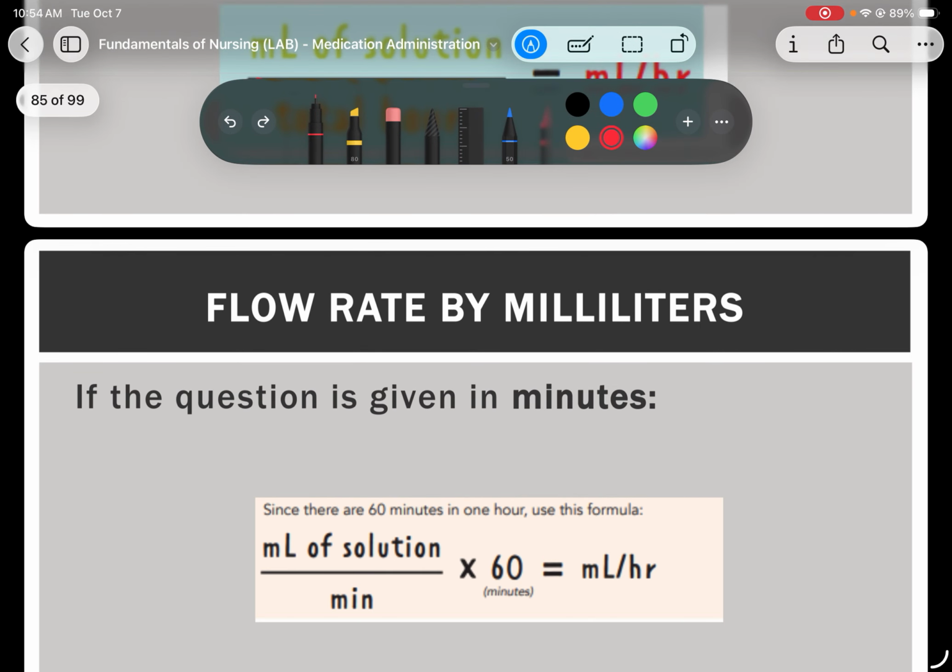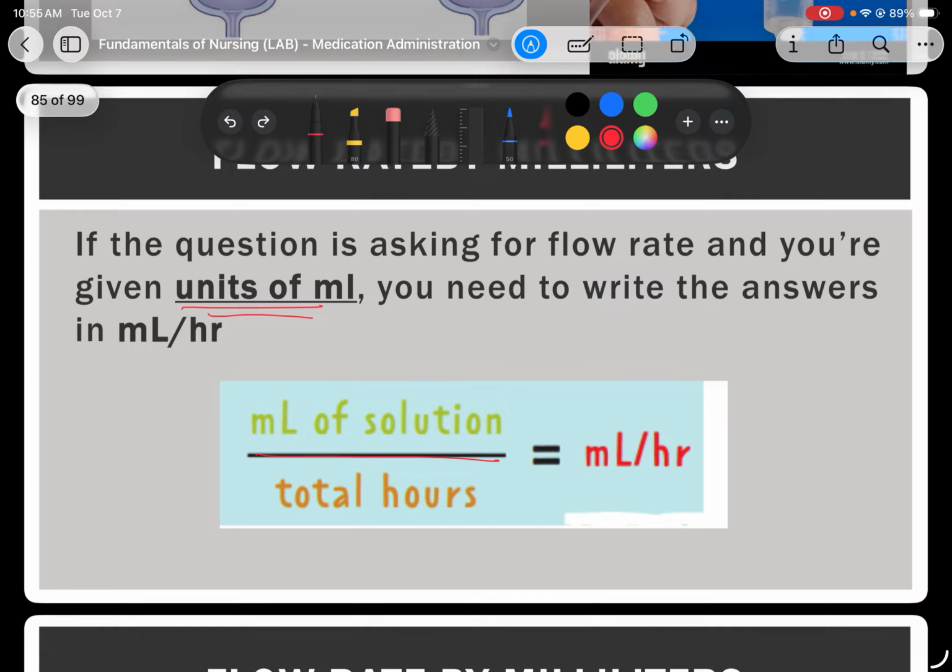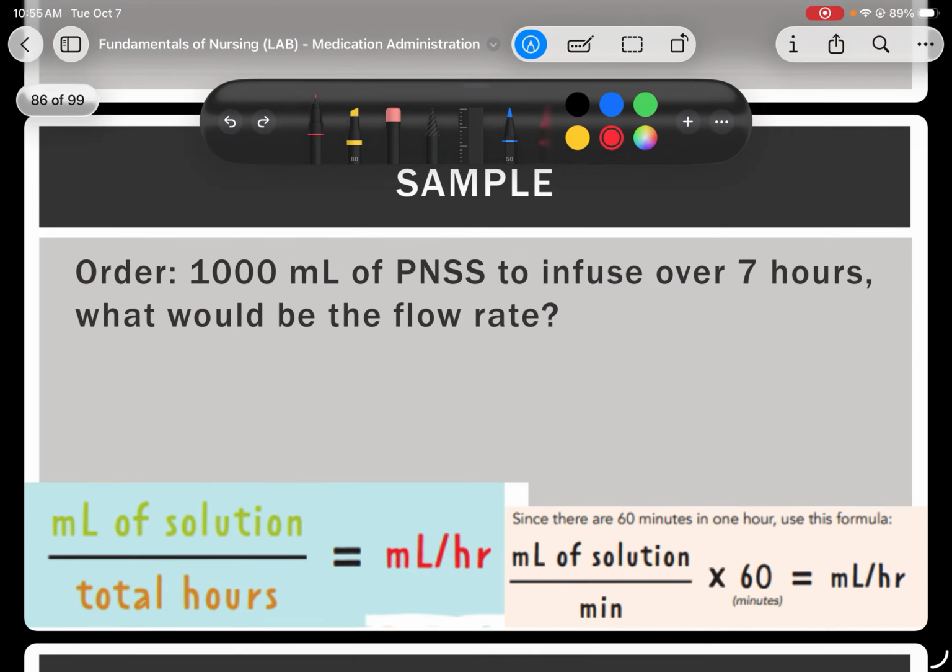However, if the question is given in minutes, then you just have to multiply by 60. So ml of the solution divided by the number of minutes involved times 60 will give you the same ml per hour. So let's put that into practice, class.